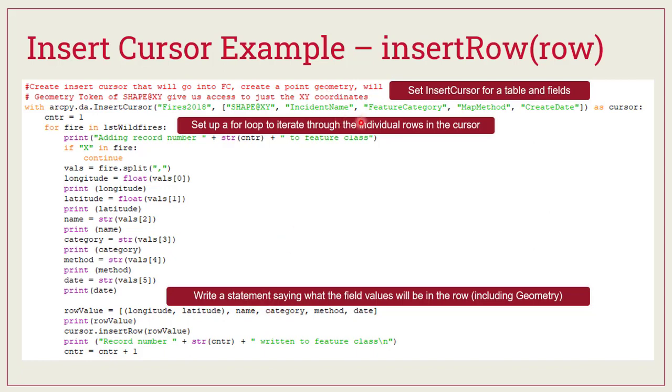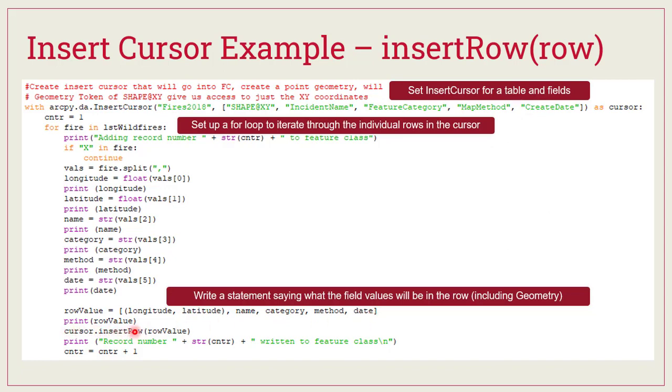We also know that we want 4 fields to be updated, and down here you can see, since there's no quotation marks around here, apparently we have stored the information for this row for each of these 4 fields inside of variables called name, category, method, and date. Notice that the order of these needs to be in the same order as your insert cursor, because it's going to go in this order to populate the information into each of the fields in your data set.